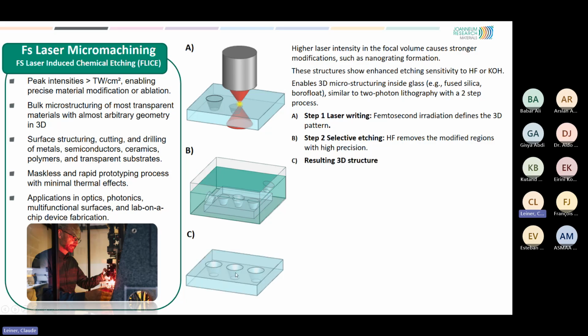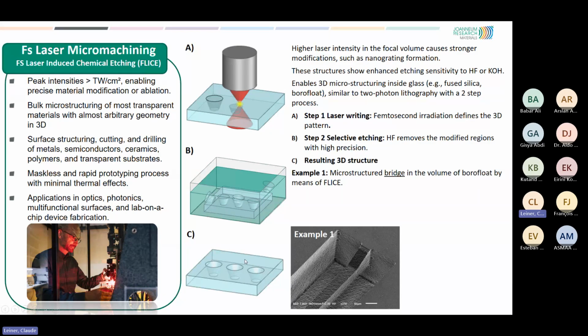And finally, you have a resulting 3D structure. Here you can see a scanning electron microscope example of a microstructured bridge. This is a bridge, so there is nothing below this bridge. So this is really 3D, and it is in fused silica glass. So this is all glass.